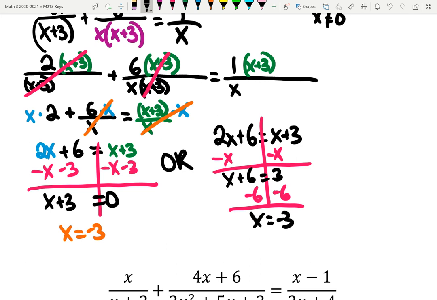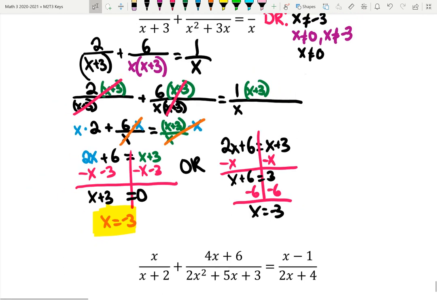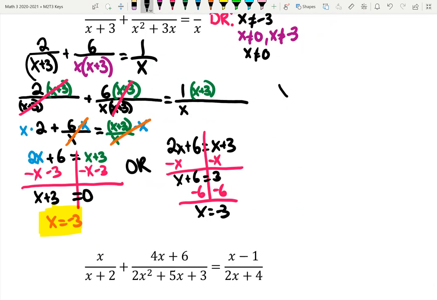Both instances, I get the same answer. I would prefer the first technique because it has you think of it as a form of a quadratic. What number causes it to be 0? But the latter is important as well. So my answer is, well, x is equal to negative 3.